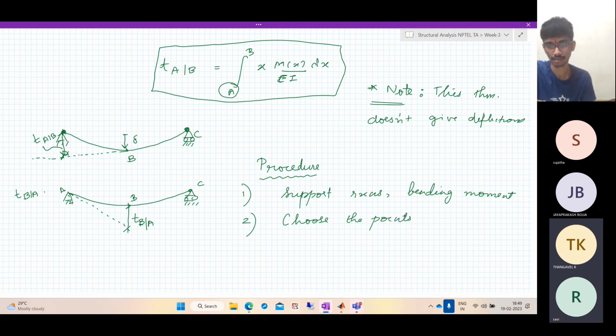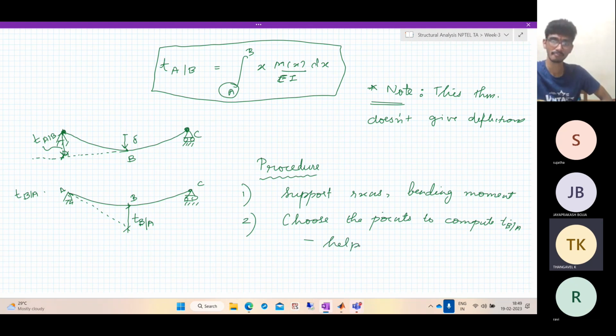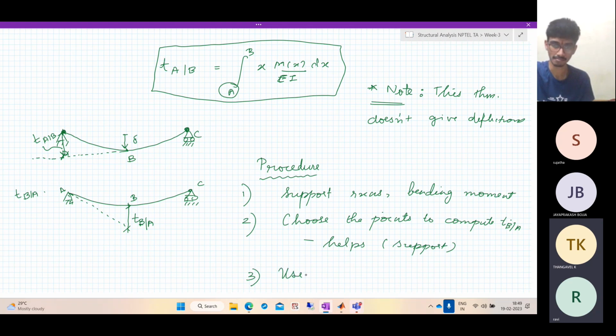Choose the points to compute T of B with respect to A or A with respect to B. The reason is it doesn't directly give the deflection. It always helps if we use a support, because we know at the support the displacement is 0. Using that, you may have to use the theorem again. And then once you have done it, just use the moment area theorem.